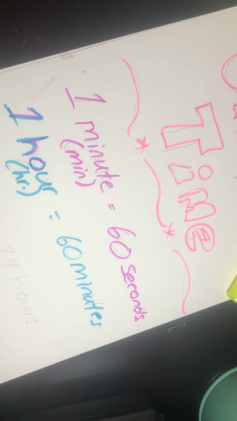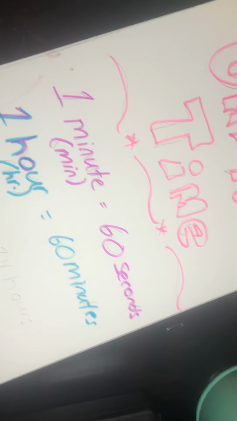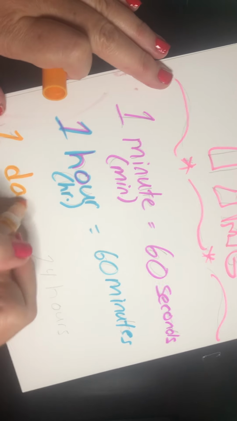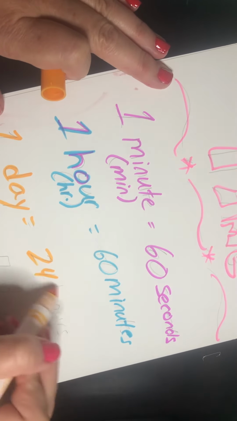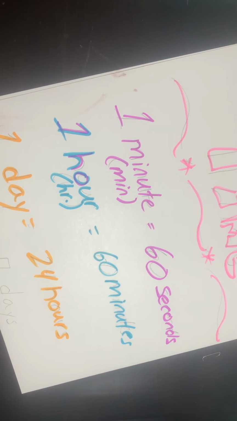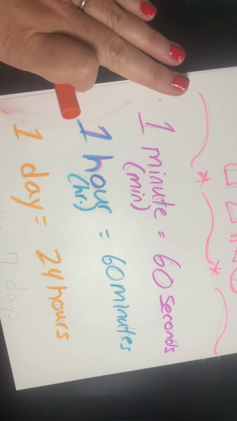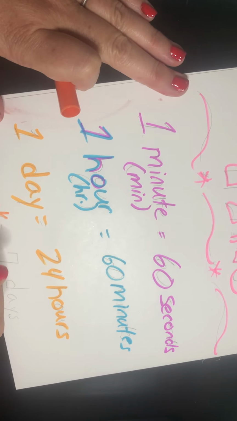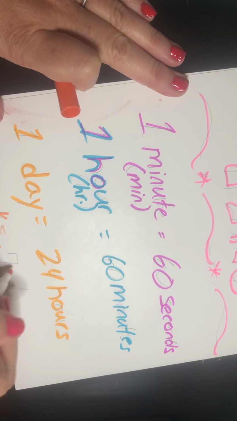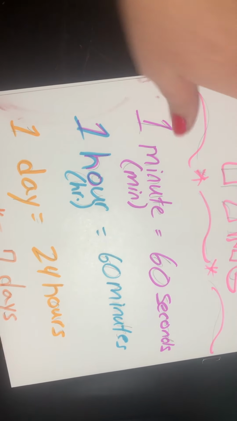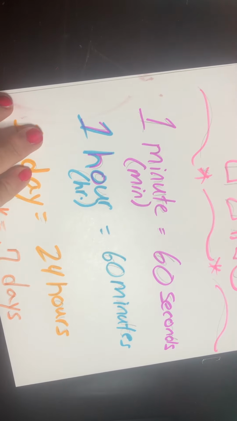And then if you had, for example, 1 day, that is the same as 24 hours. Or if you had 1 week, and week is WK, that's the same as saying 7 days. So there's a few units of time.